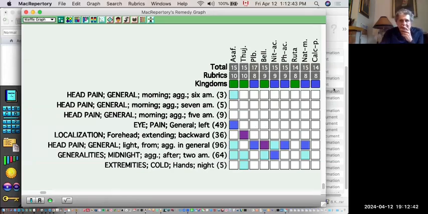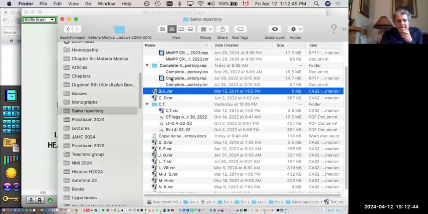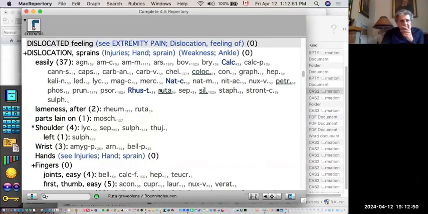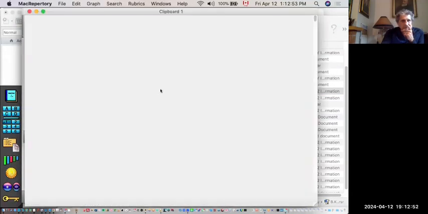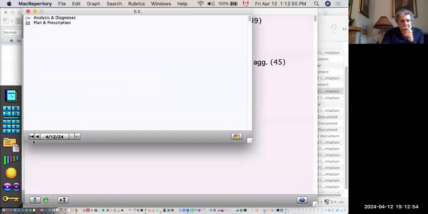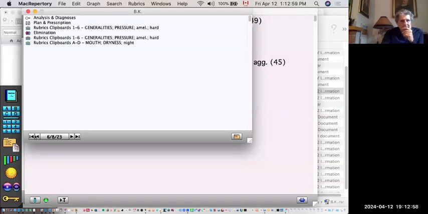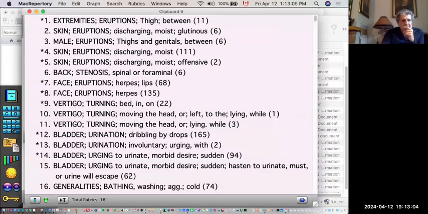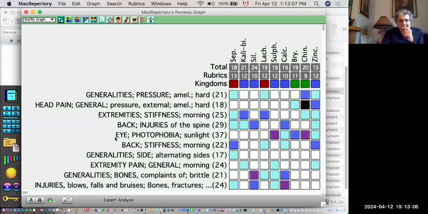And if we go back to the complete repertory and we open a case again, and we go to June 8th, and we look for asafetida.